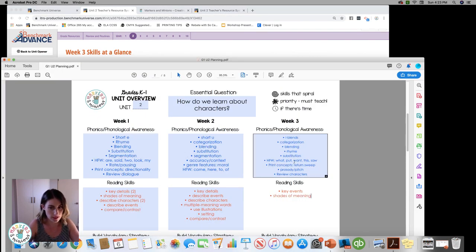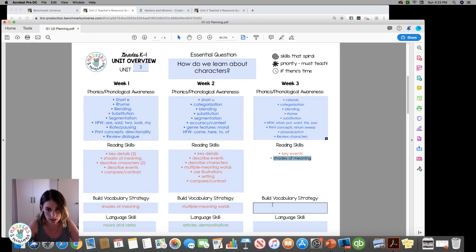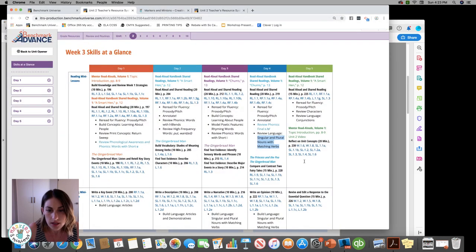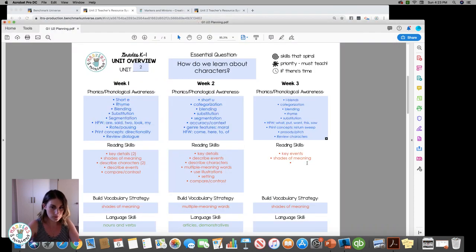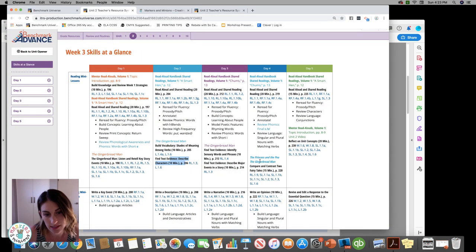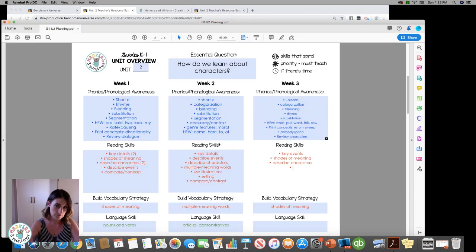So if you don't get to it in week 1, it comes up again in week 3, and that's our vocabulary lesson. We've got describe characters. So that spirals all 3 weeks because that's our big unit concept. Okay, here's an isolated lesson here. Identify sensory words and phrases.